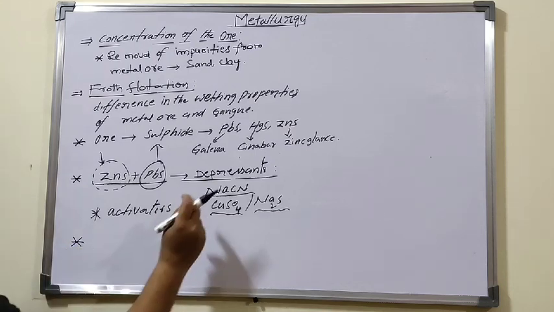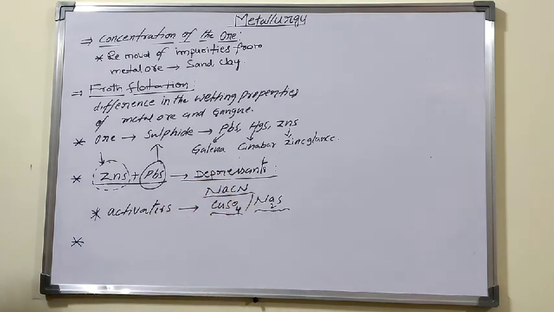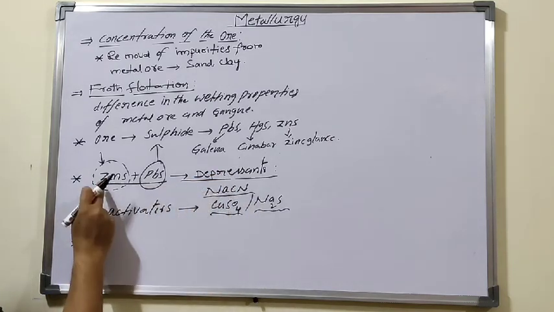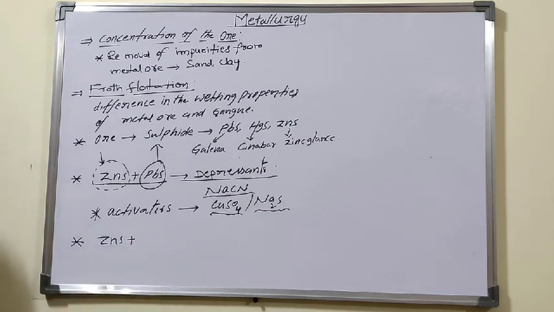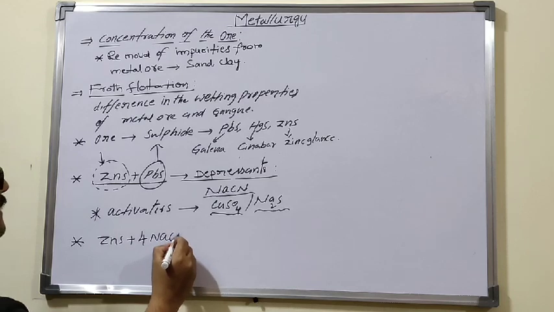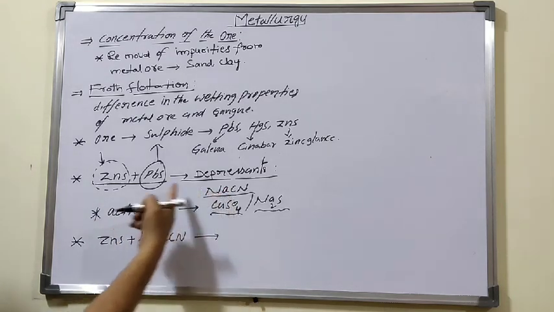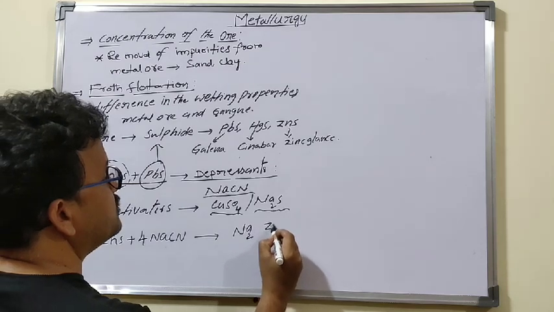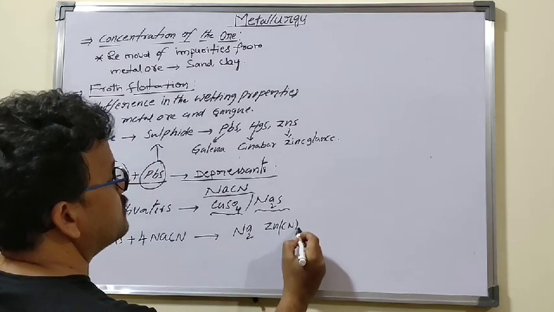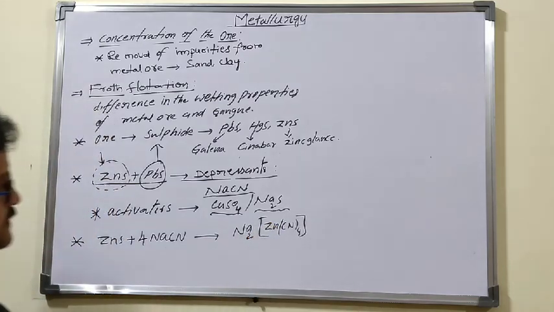When a depressant is added, how does it prevent movement of ZnS along with the froth? When the ore is treated with sodium cyanide, the sodium cyanide reacts with ZnS and makes a complex, sodium tetracyanozincate.